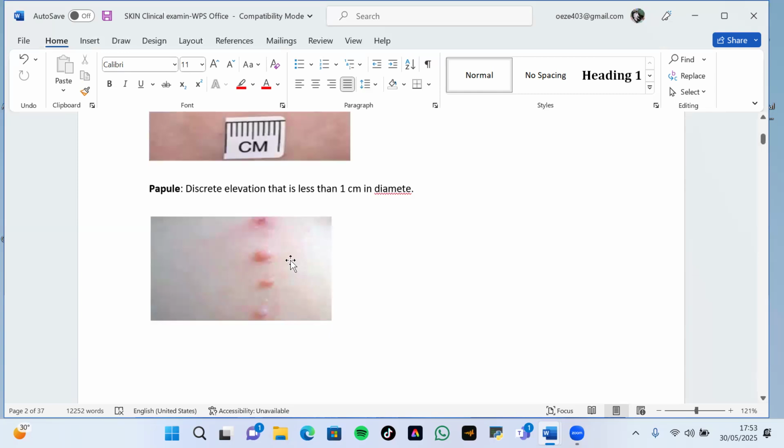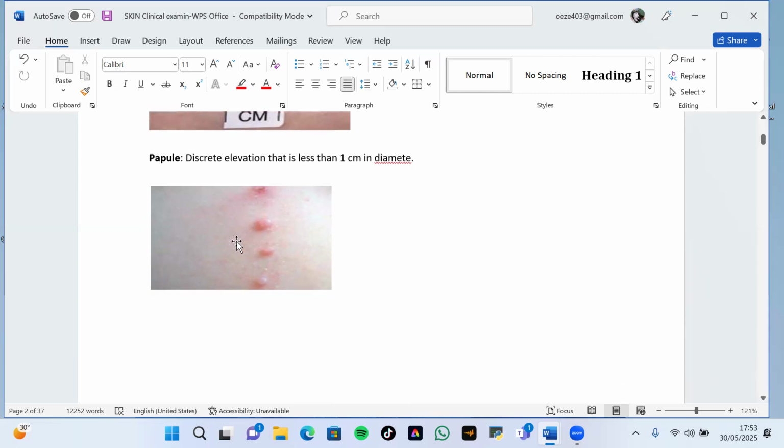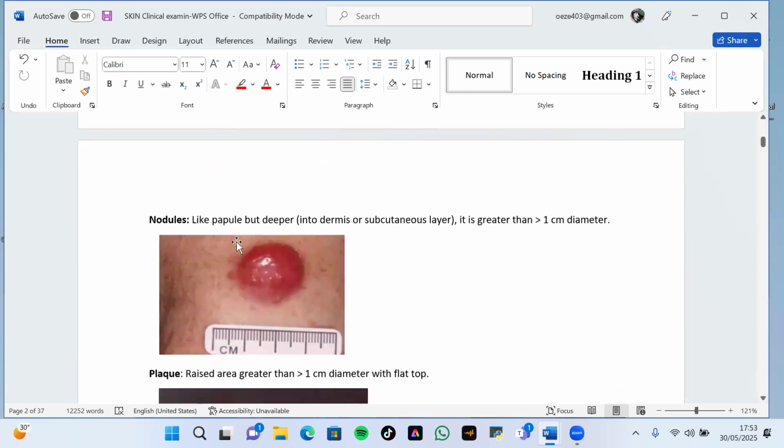In macula, it's just color change less than 1 cm. Papule is not just a color change, it has a raise, something we can feel, and it's less than 1 cm. Then when it is greater than 1 cm and is raised, we call it nodule.